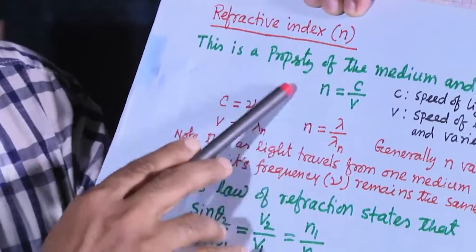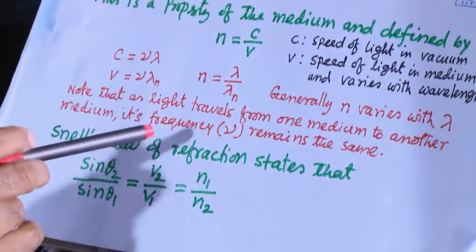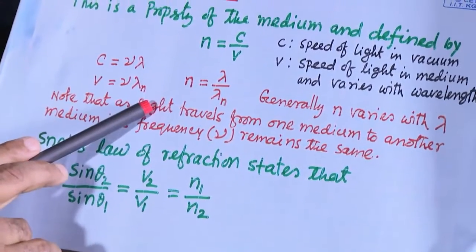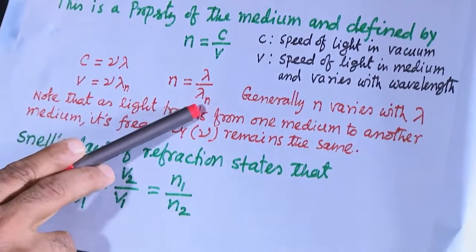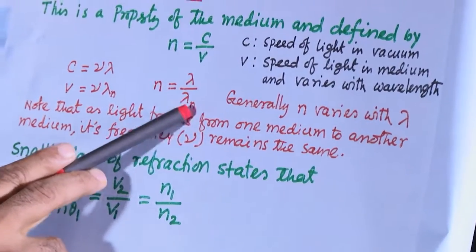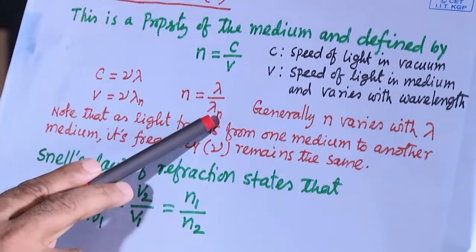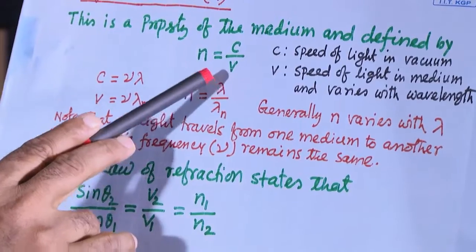So that is the refractive index of the medium. One can write n equal to lambda by lambda n, where lambda n means the wavelength of the light in the medium, and lambda is the wavelength of light in the vacuum.